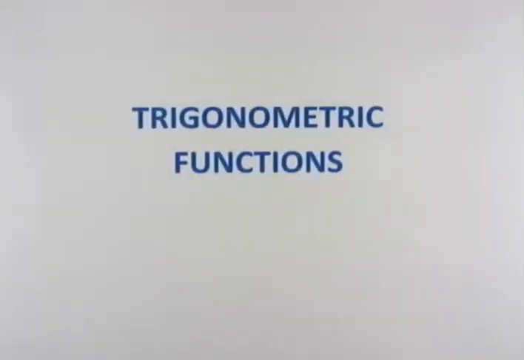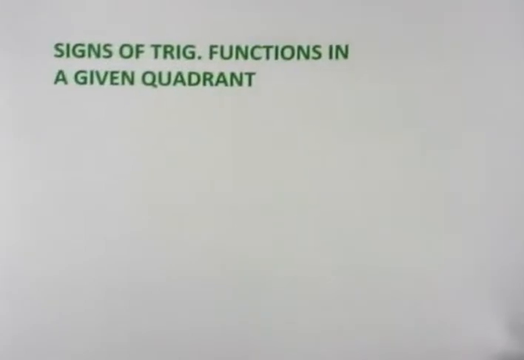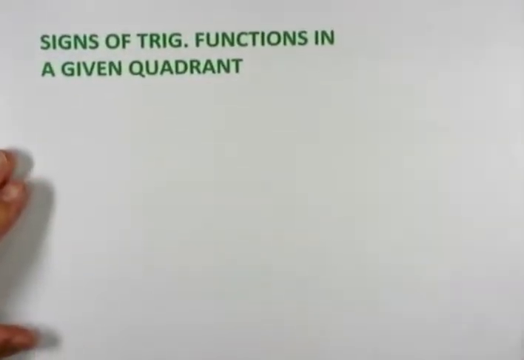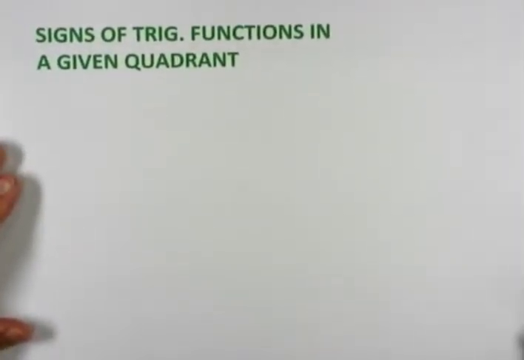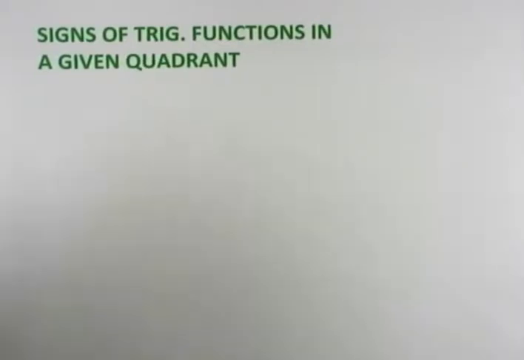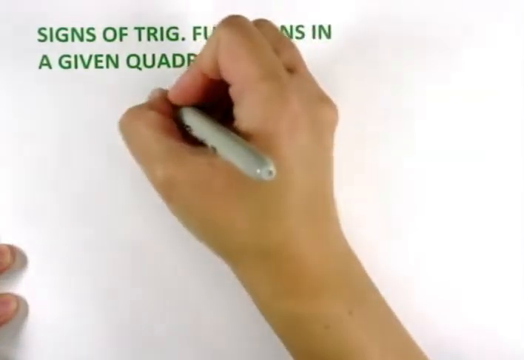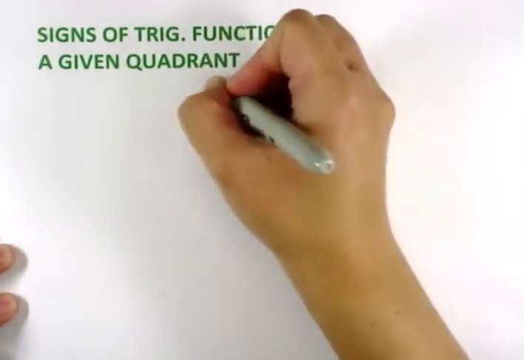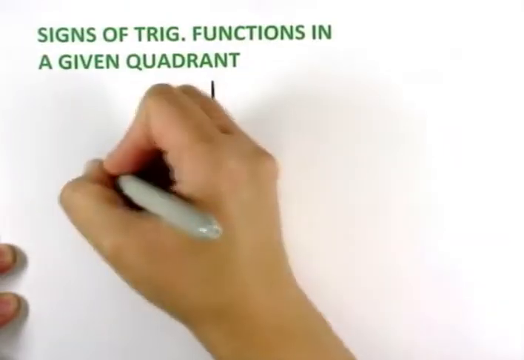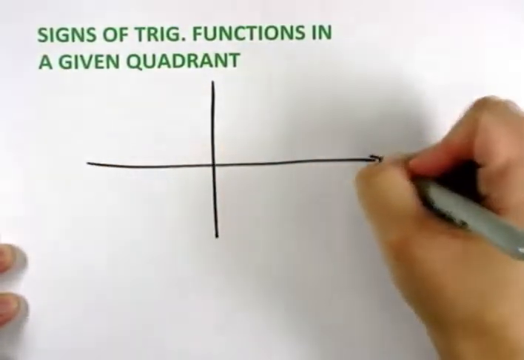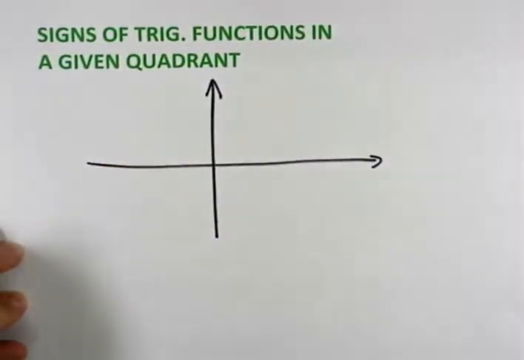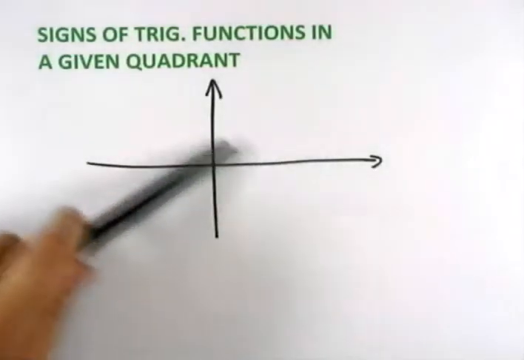Trigonometric functions. So now we have signs of trigonometric functions in a given quadrant. The coordinate system is divided into quadrants.